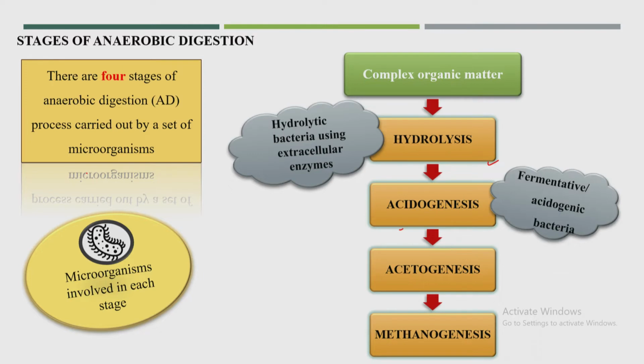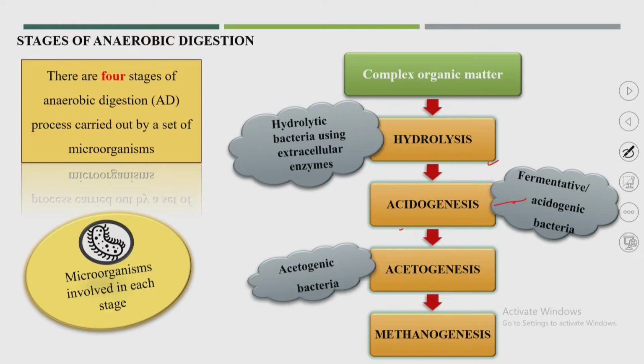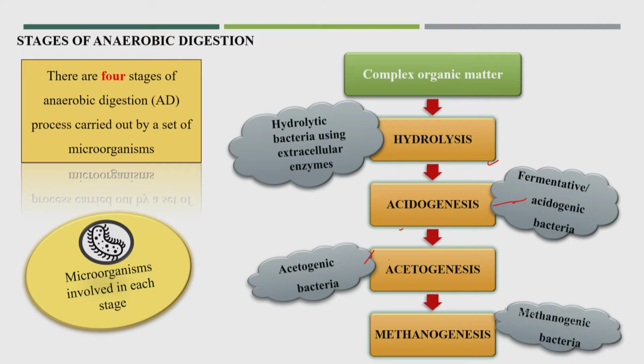In acidogenesis, fermentative or acidogenic bacteria will work, and in acetogenesis, acetogenic bacteria. This group is called acid forming bacteria, and finally in methanogenesis we get methanogenic bacteria, or methane forming bacteria.